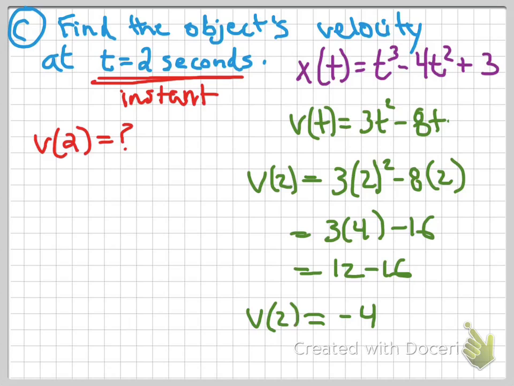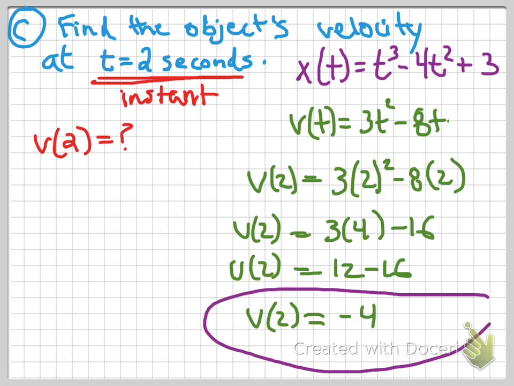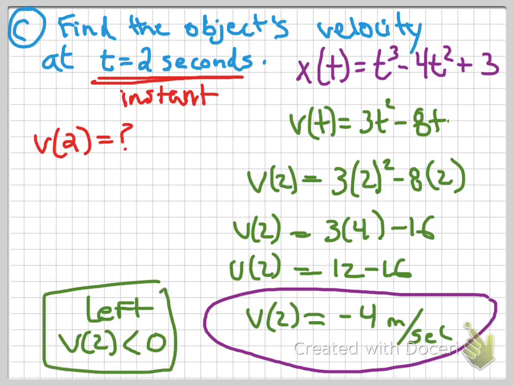So the velocity at 2, v of 2, is equal to negative 4, and since it's velocity, I need units on here. This must be how fast the object's moving, so I'll write meters per second. Right at 2 seconds, this object is moving at an exact rate of negative 4 meters per second. Obviously the object is moving to the left because v of 2 is a negative number less than 0.